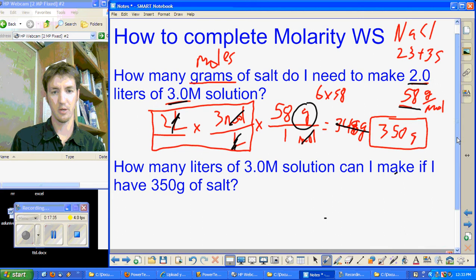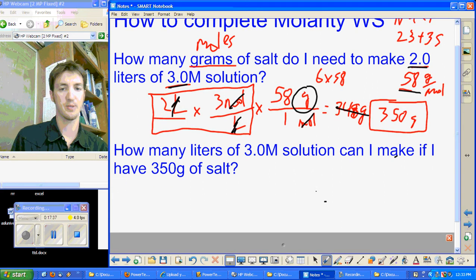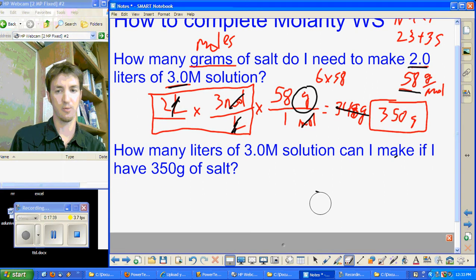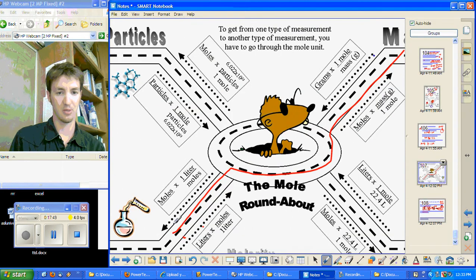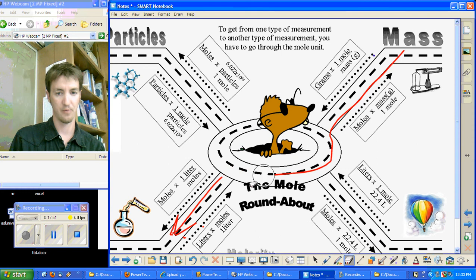Alright, next up. I want to see how many liters of 3 molar solution I can make if I have 350 grams of salt. Two things with this. If I'm looking for how many liters, the last step has to be going from moles to liters. That's the only way to get to liters.